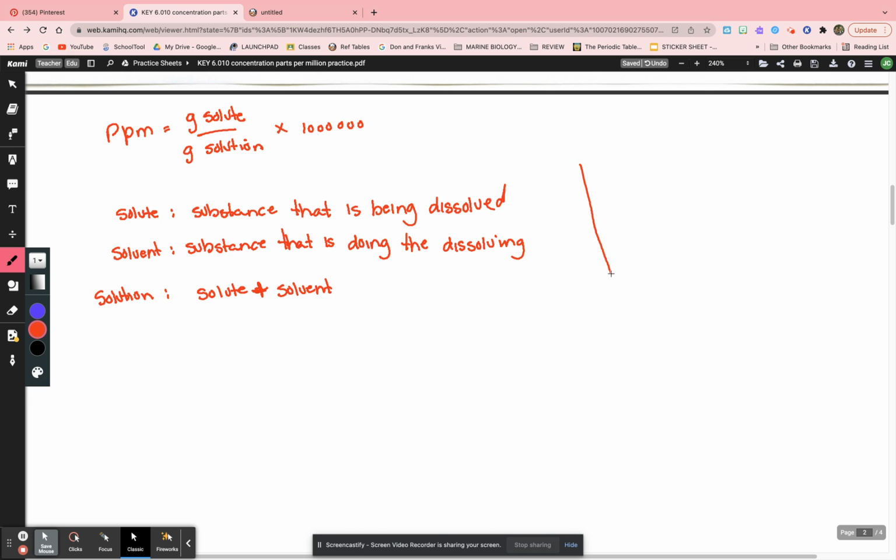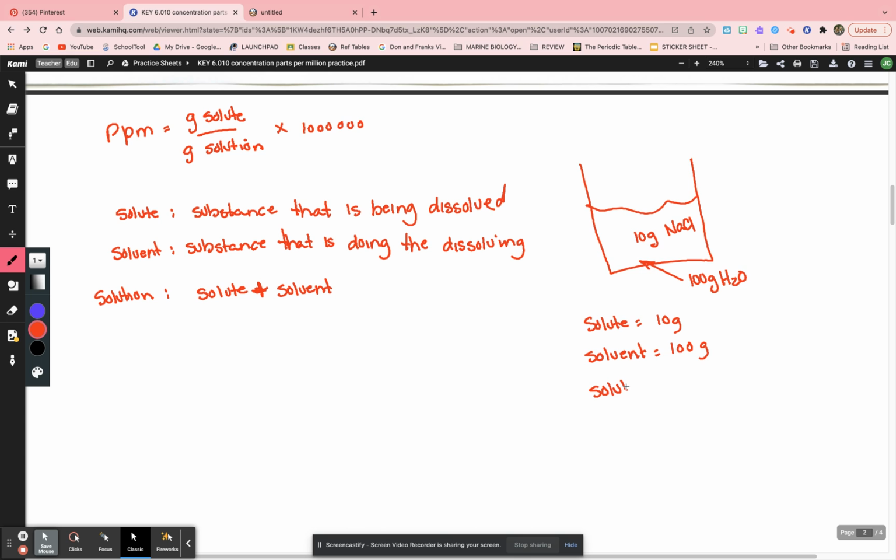So if I have a beaker here, and in the beaker I have 10 grams of sodium chloride, and I have 100 grams of water. The solute weighs 10 grams. The solvent weighs 100 grams.